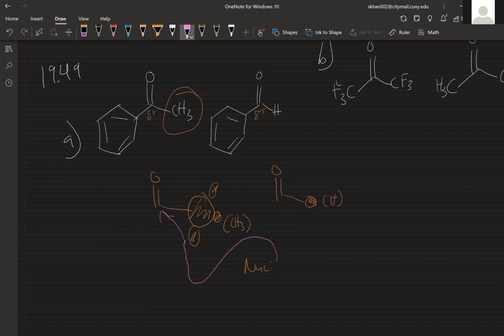So sterically, this is more inaccessible in a ketone. Here, it's only a hydrogen. It could easily go past the hydrogen. So you could explain it two ways, in terms of sterics or electronics.